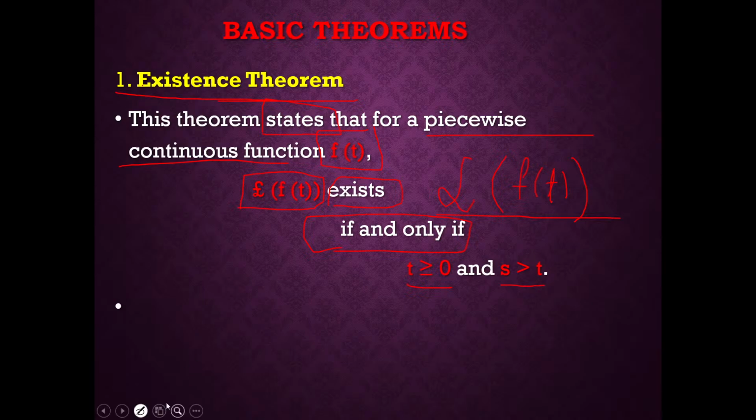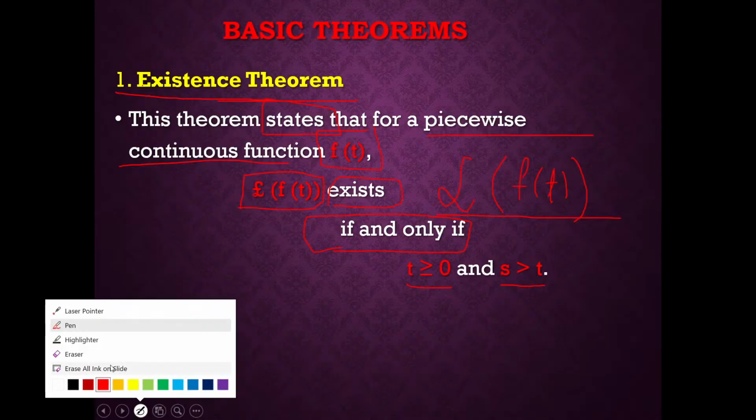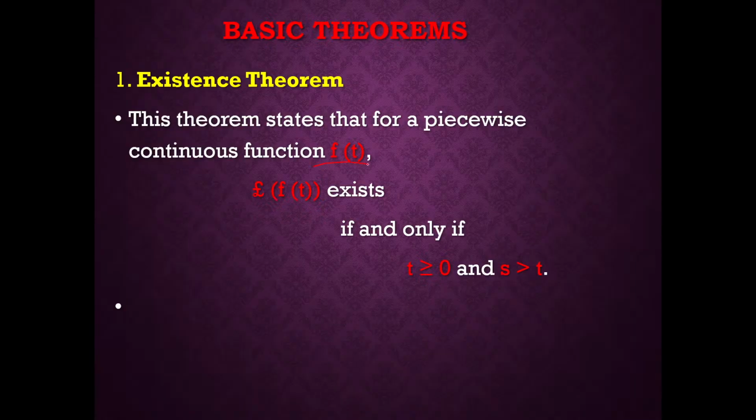So the existence theorem states that for a piecewise continuous function f of t, the Laplace of f of t will exist if and only if time is greater than or equal to 0 and in the S domain, S is greater than that value. So this is the existence theorem.